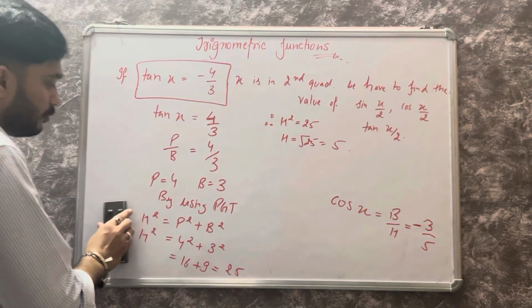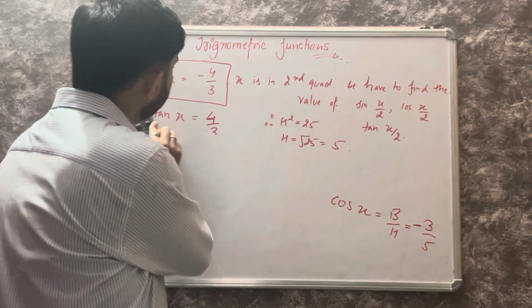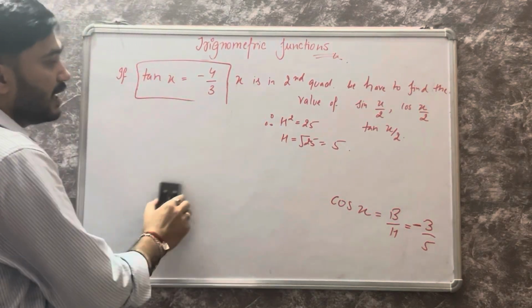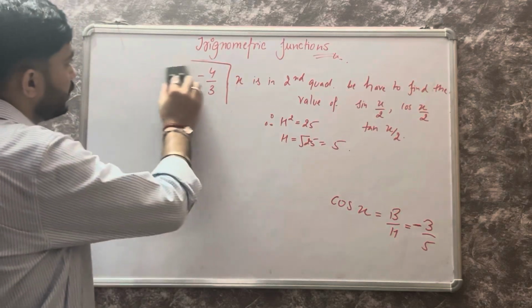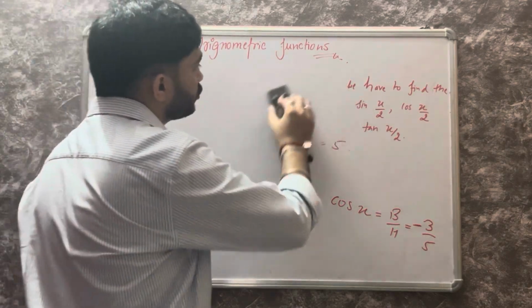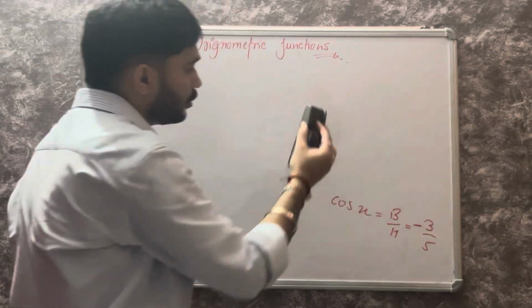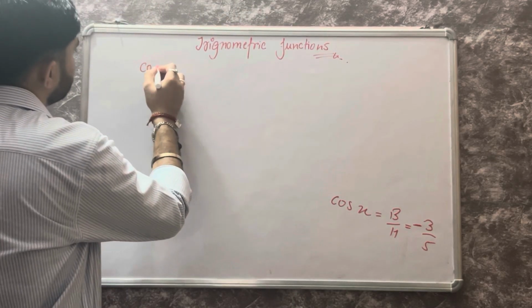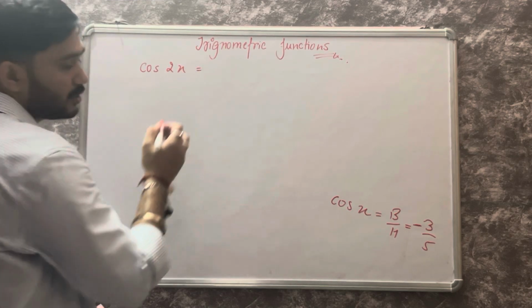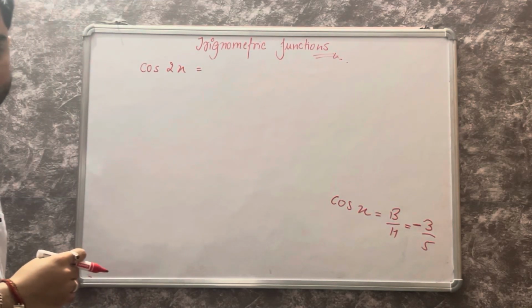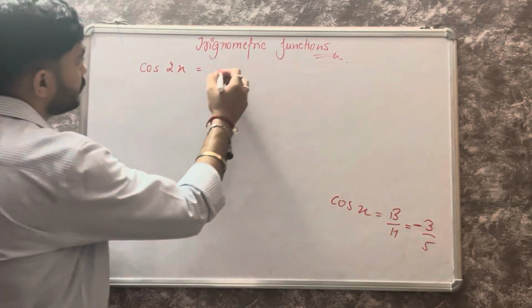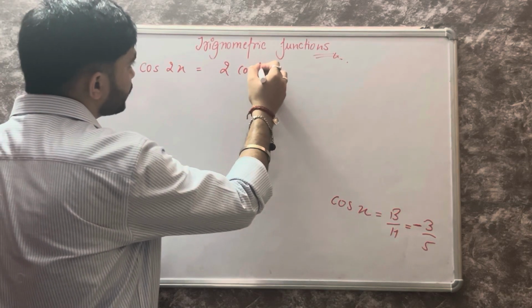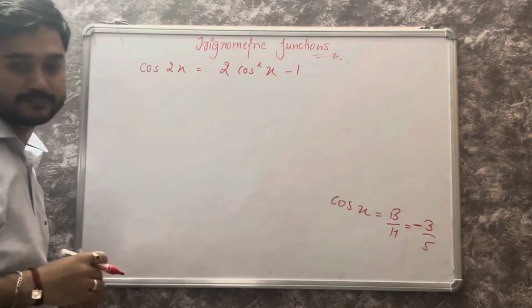How are we going to do so? Since the value of cos x is already solved, we are going to use a formula, that is cos 2x is equal to 2 cos square x minus 1.